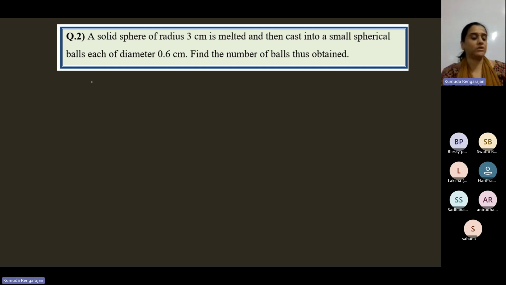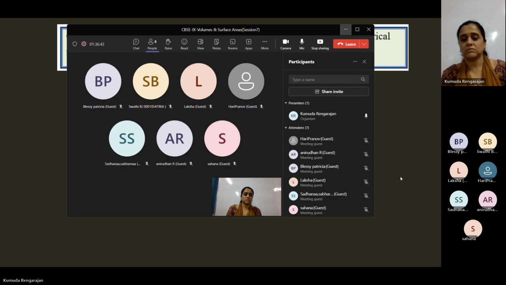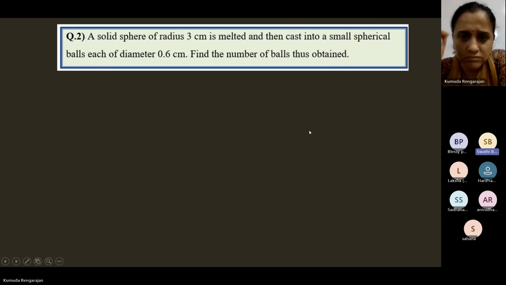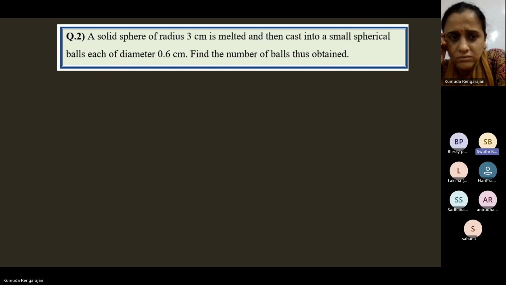Who can tell me the equation in words? Volume of the small spherical balls is equal to the volume of the whole sphere.